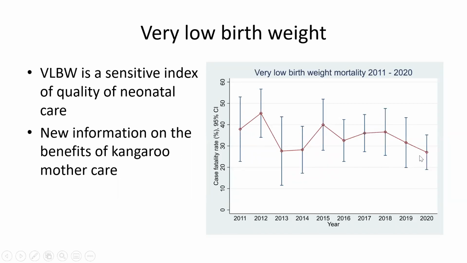And most of the hospitals in that very large study of multiple countries that did kangaroo mother care much better had lower mortality rates, much lower than 30%. So I think there is scope for improvement that we can achieve in the next 5 to 10 years.